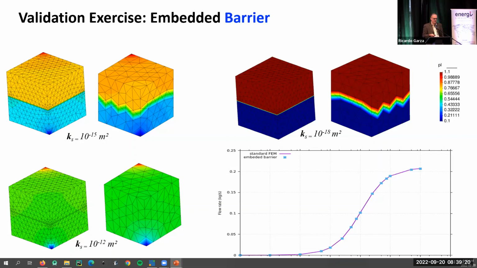We use a very refined classical finite element mesh and a coarse mesh with the barrier embedded. Here you can see in this graph that we have very similar results. It's a very robust technique to represent barriers in this method.